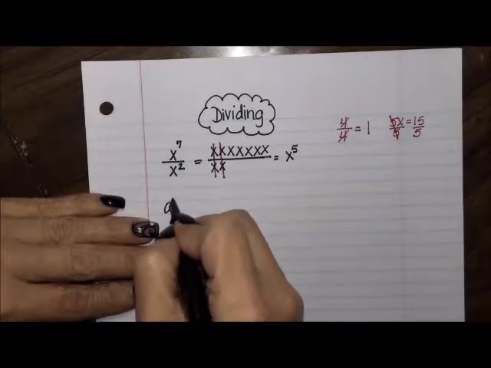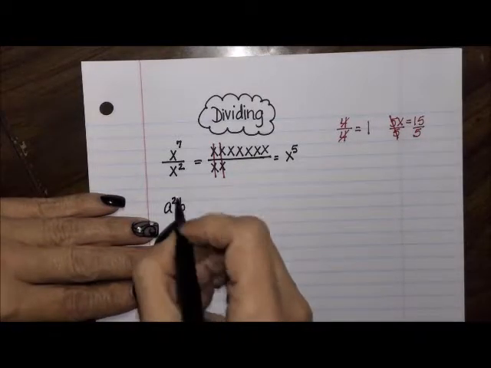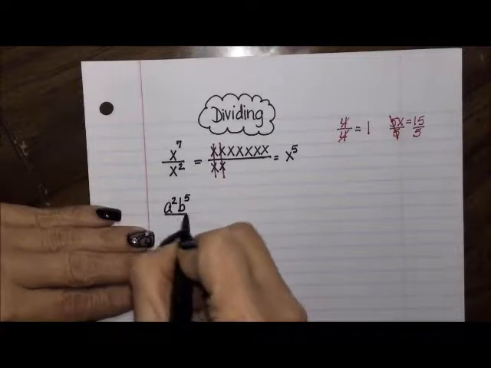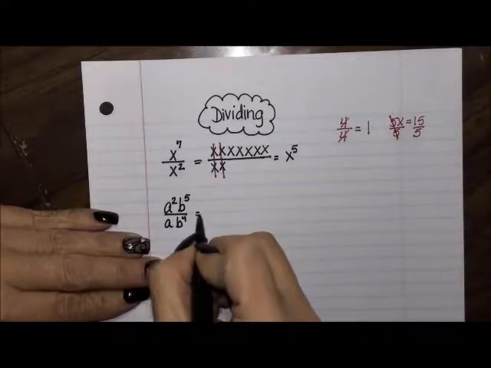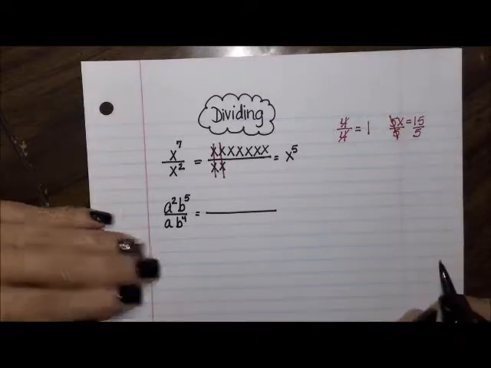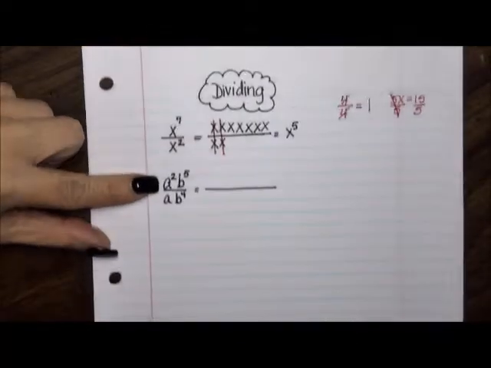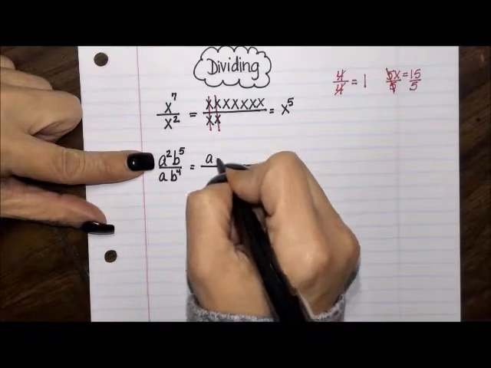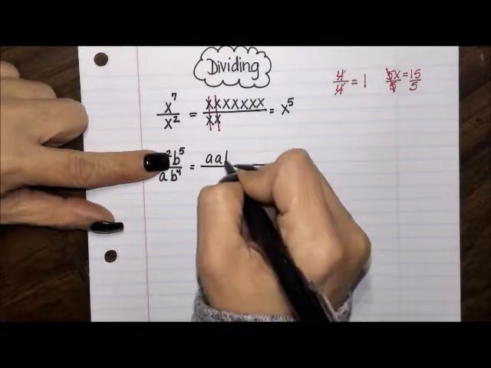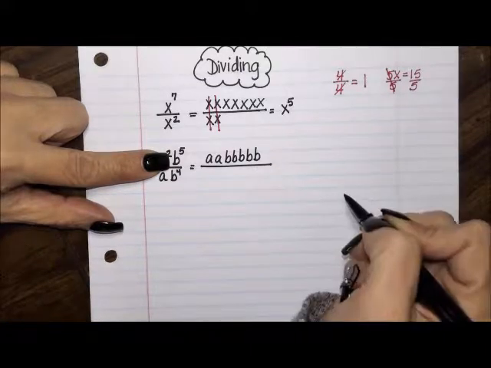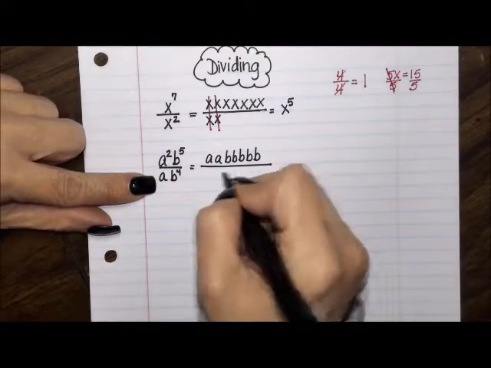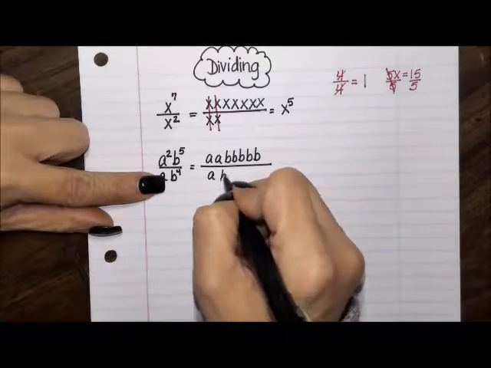So let's try this. A squared b to the 5th over a b to the 4th. Let's expand that out. A squared, that means I have 2 a's. B to the 5th is 1, 2, 3, 4, 5. I have an a on bottom, and I have 4 b's.